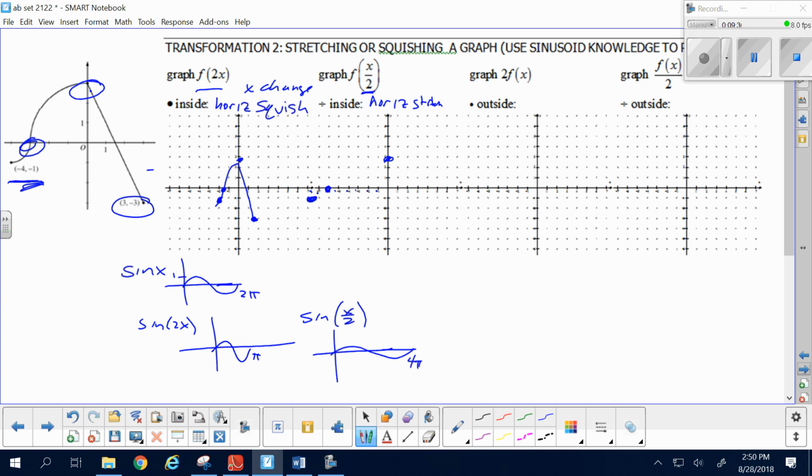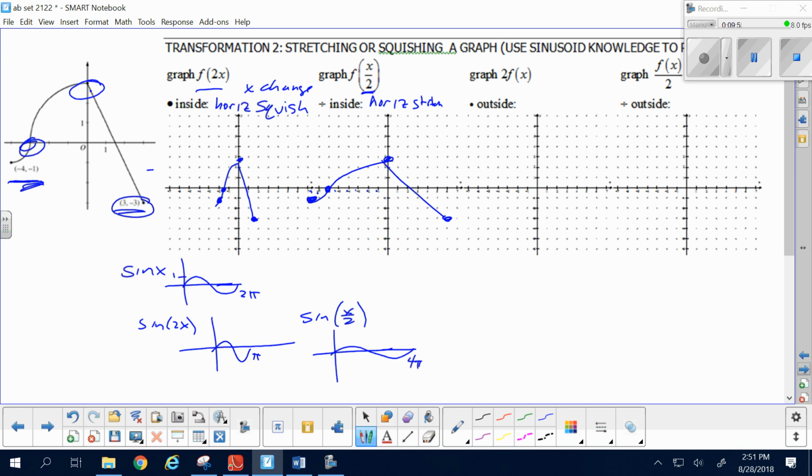So I've taken those semicircles and stretched them wide. And then the line, instead of ending at x equals 3, it'll end at x equals 6. Same y. All right, so the graph was horizontally stretched in the second one and squished in the first.